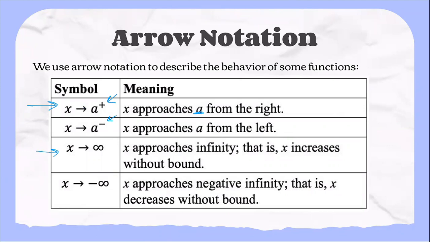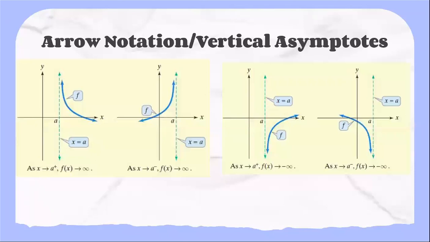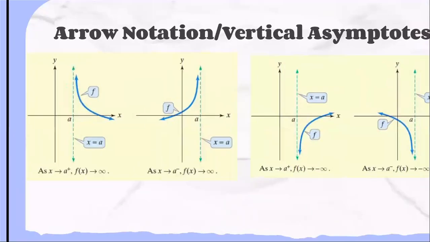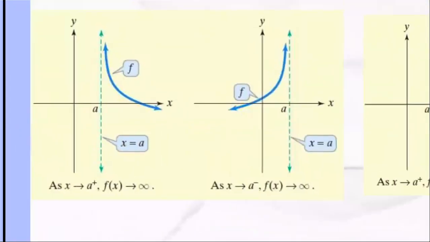So the plus and the minus are directional. This one is as x approaches infinity. That means as I'm moving to the right of the graph, what's happening. And as x goes to negative infinity, as it moves to the left, what's happening. So let's look at this kind of pictorially. So this would be an example as x goes to some value from the right.